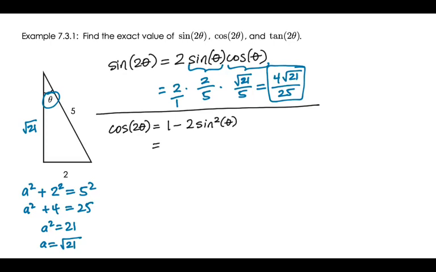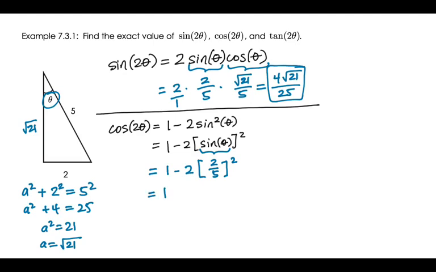So remember that this notation actually means sine of theta, squared. And sine of theta, we know from the triangle, is 2/5. This problem says square it, multiply it by 2, and then subtract from 1. So just follow order of operations.